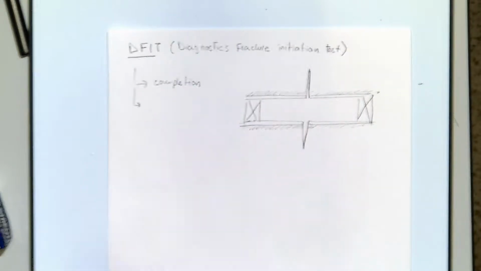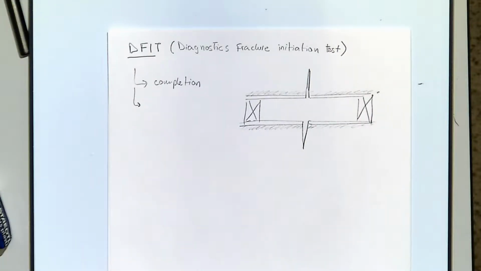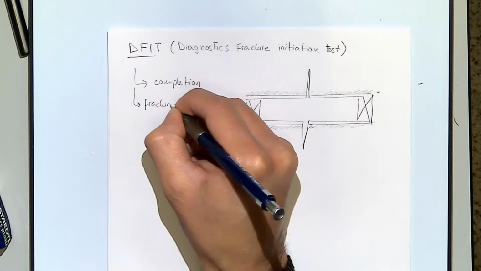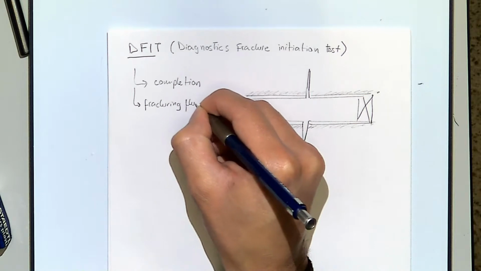What kind of fluid are you going to use if you're doing this kind of test? Are you going to use drilling mud? No, right? So probably you're going to do this with whatever fracturing fluid you're using.